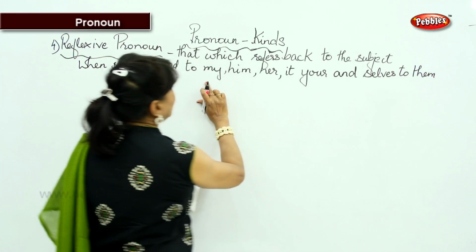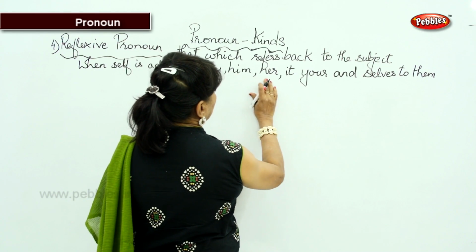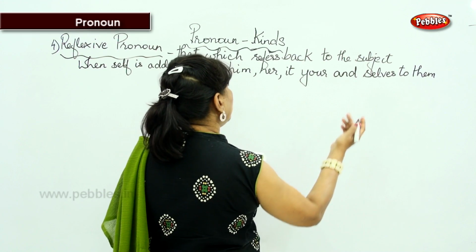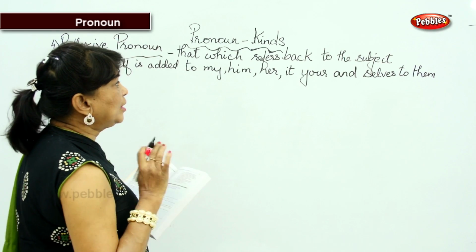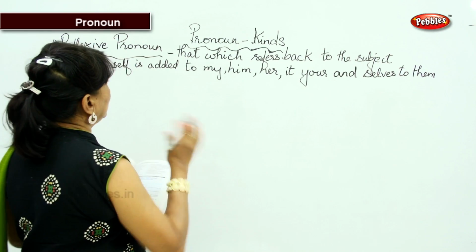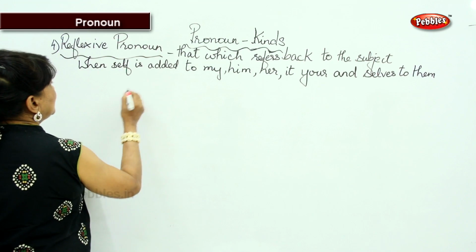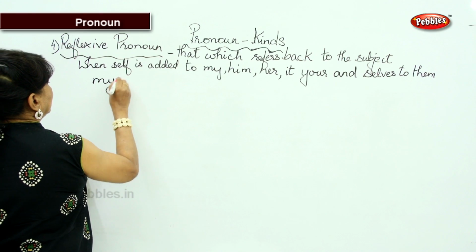These are all singular: me, my, he, him, she, her, it, you. And your, this your alone can stand both for singular and plural. So, when self is added to my, what does it become? Myself.